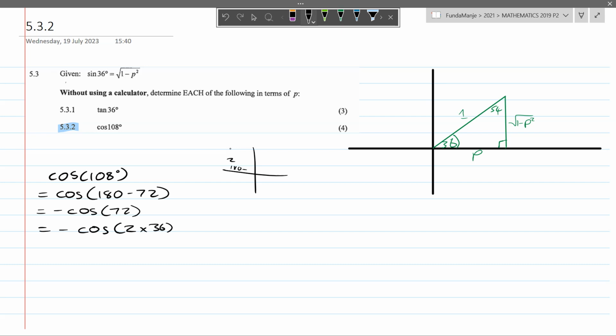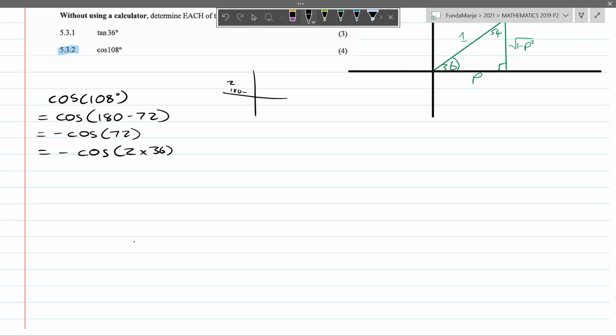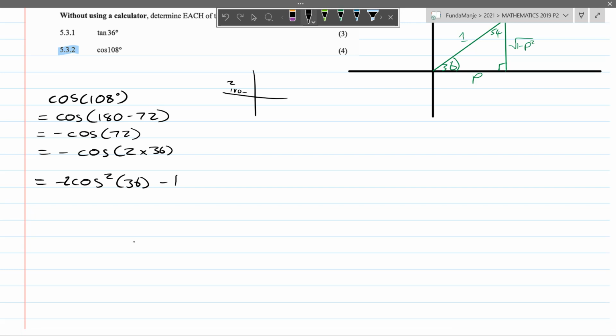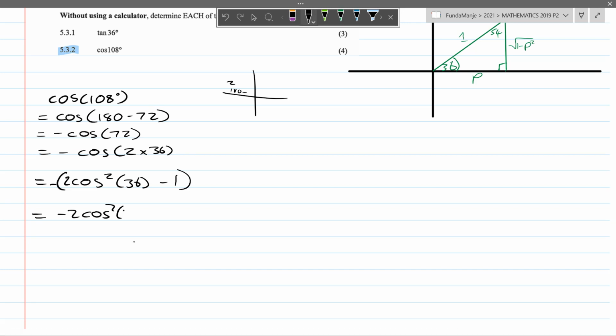This allows us to use the double angle formula, not the compound angle formula, which will return negative 2 cos squared 36 minus 1, and this negative should be outside. Then you can multiply it inside to get negative 2 cos squared 36 plus 1.